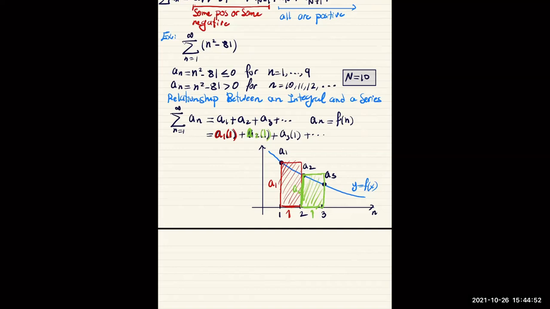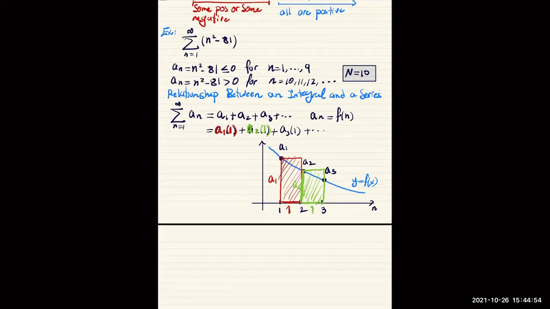Okay, next rectangle is on the interval from 1 to 4. Again, the length of this rectangle is A3. So the area of this rectangle, which is A3 times 1, is the third term of our series. So the terms of the series happen to be the areas of those rectangles.